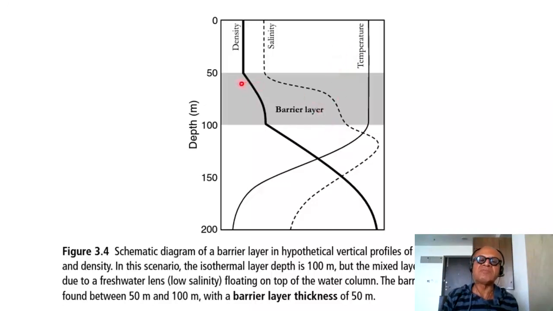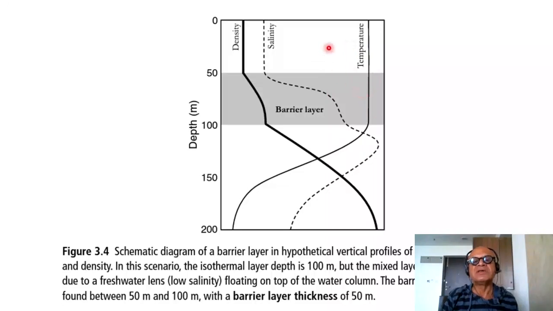Remember, we said entrainment is when the mixed layer depth changes and the waters below are entrained into the surface mixed layer, which is obviously this layer here, because it's the definition of vertically homogeneous density and temperature and salinity together. So the isothermal layer, when it is deeper than the isopycnal or the constant density and isohaline layer, you get a barrier layer, and it acts as a barrier to cooling the sea surface due to entrainment.